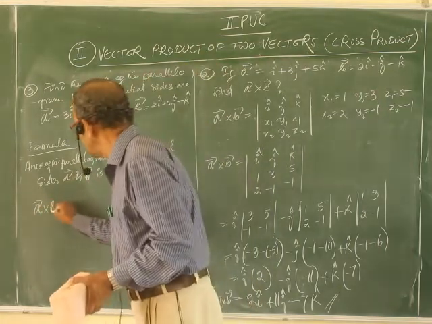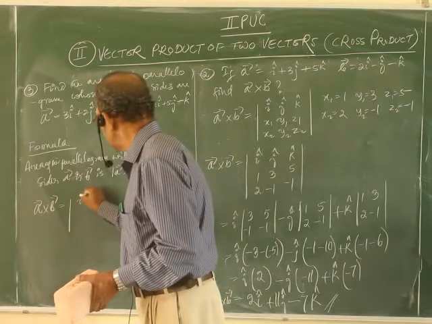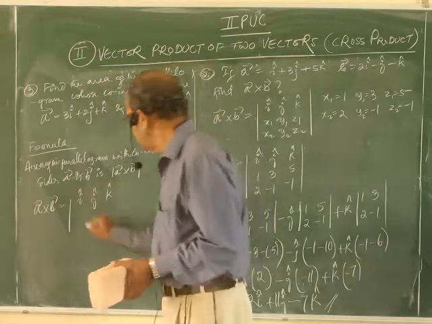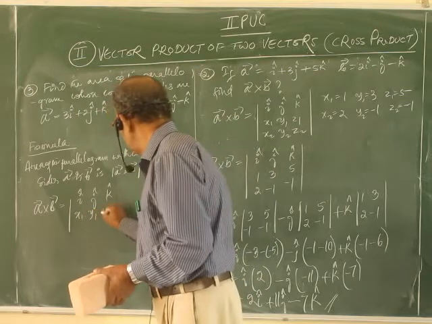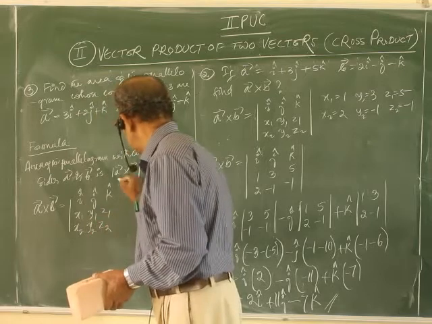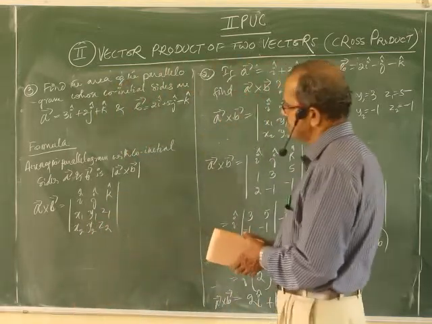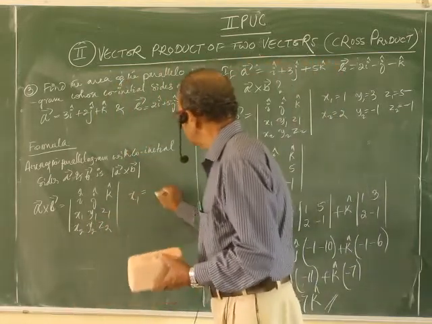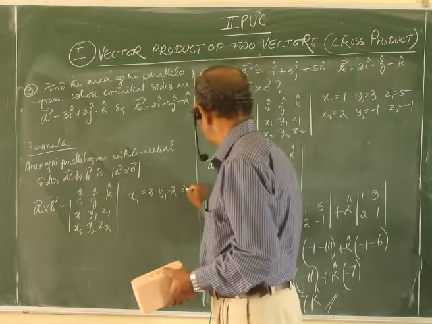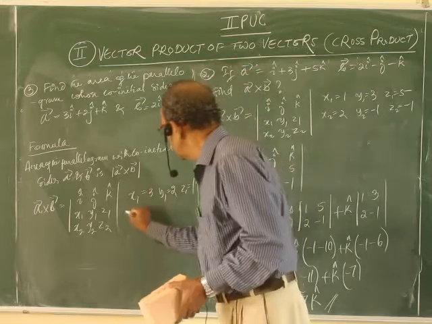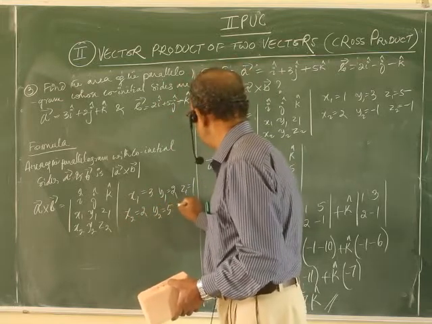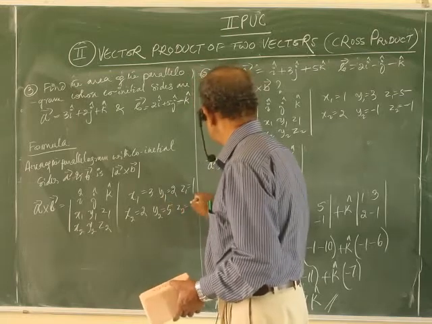Okay, let me continue. A cross B is the determinant with I, J, K, x1, y1, z1, x2, y2, z2. x1 is 3, y1 is 2, z1 is 1. x2 is 2, y2 is 5, z2 is minus 1.